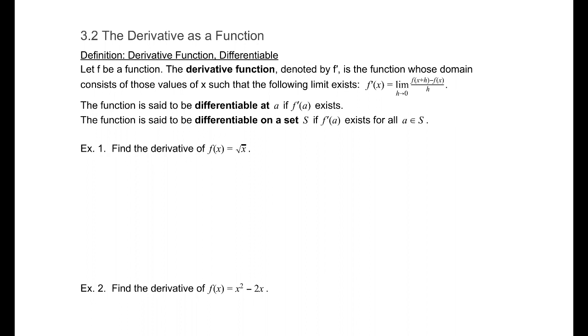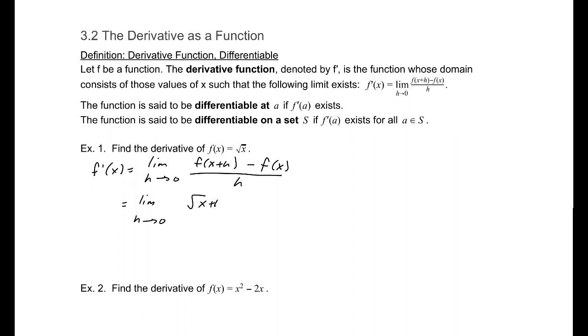Well, we are going to begin with our definition. f prime of x equals the limit as h approaches 0 of f of x plus h minus f of x divided by h. Well, evaluating, that is the limit as h goes to 0 of the square root of x plus h minus the square root of x over h.